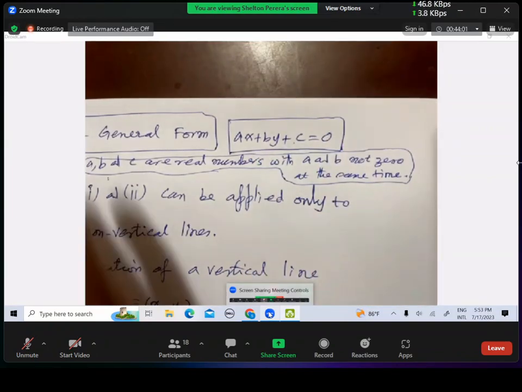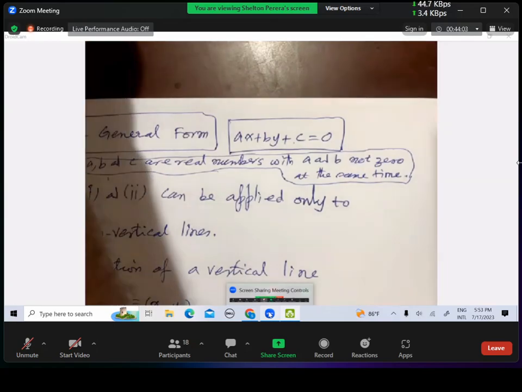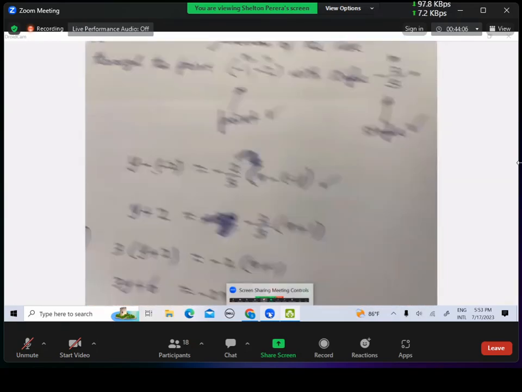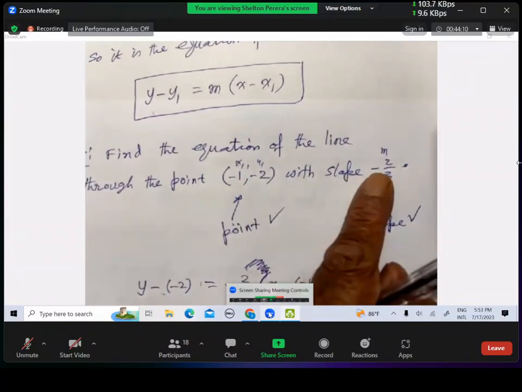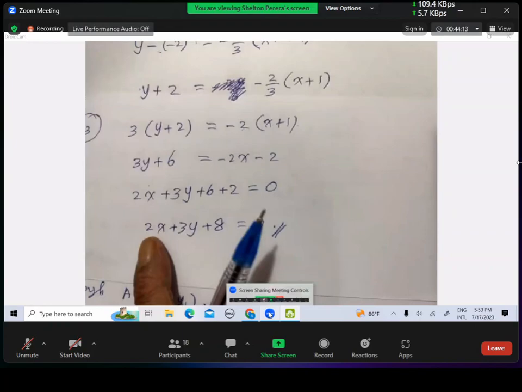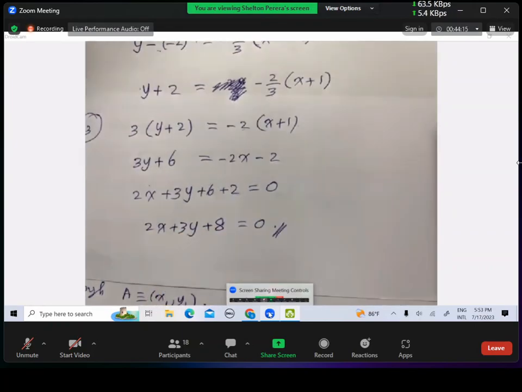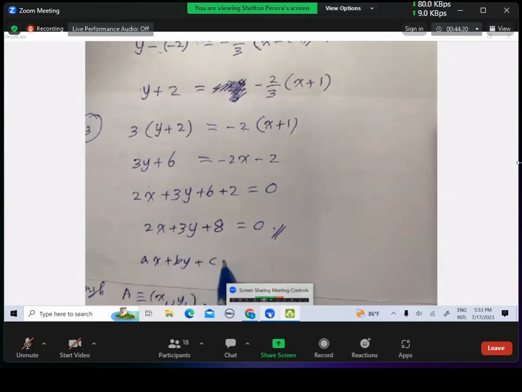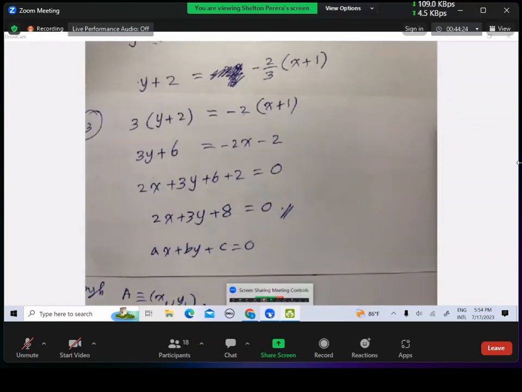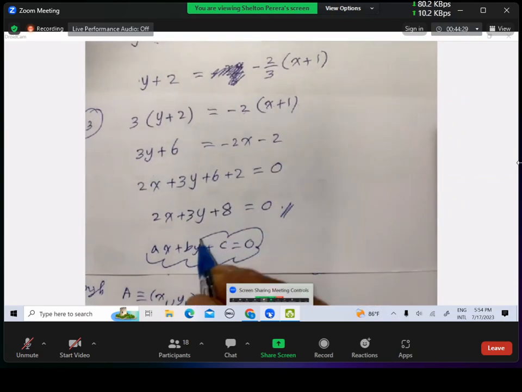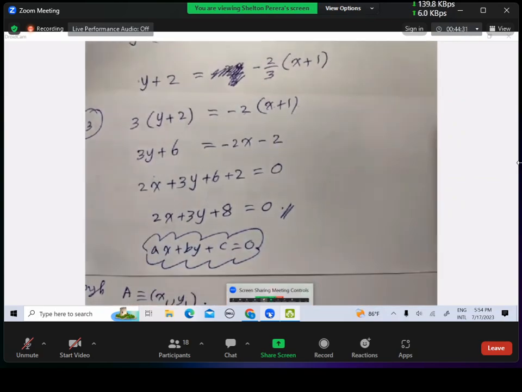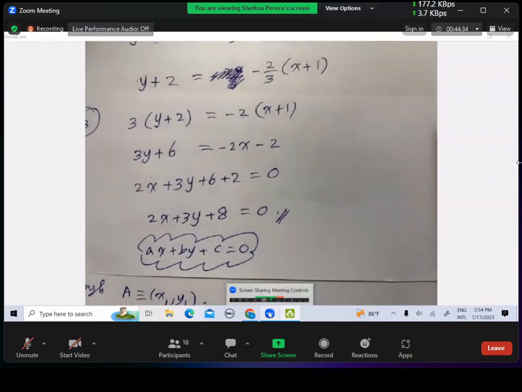Remember, after doing a problem, we simplified: find the equation of the line through this point with slope dash. We simplified it to ax plus by plus c equal to 0, where a, b, c are 2, 3, and 8. Any equation, whether of a vertical line or not, can be written this way.